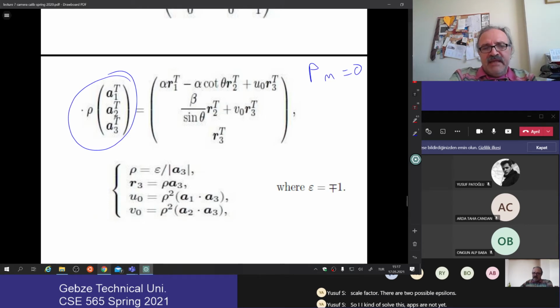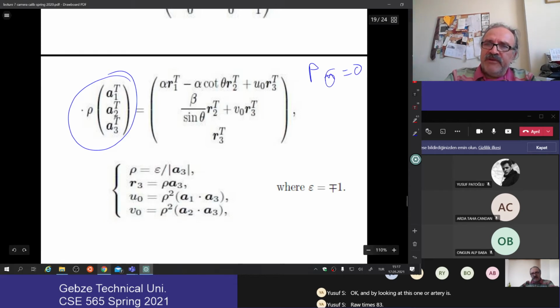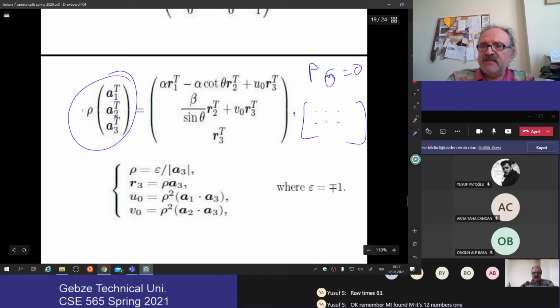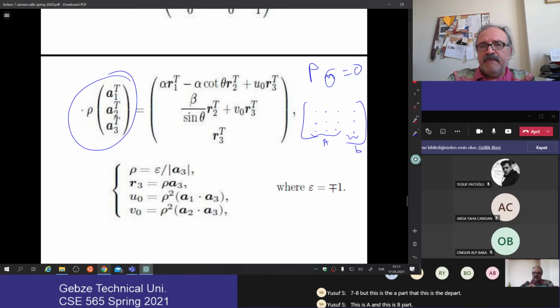And by looking at this one, our R3 is rho times A3. Remember M, I found M. It's 12 numbers: 1, 2, 3, 4, 5, 6, 7, 8, 9. This is the A part and this is the B part. This last row here is this one, but up to a scale factor.